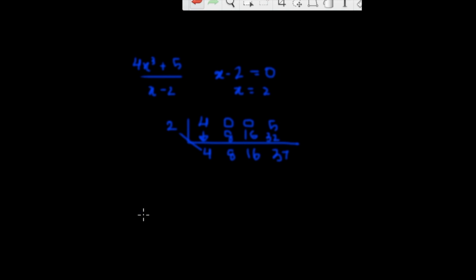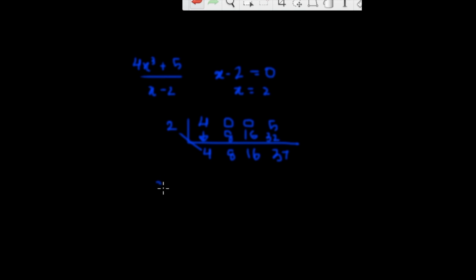So then, it's okay to have a remainder. Sometimes there will be questions that will give you a remainder because the divisor is not a factor of the dividend.